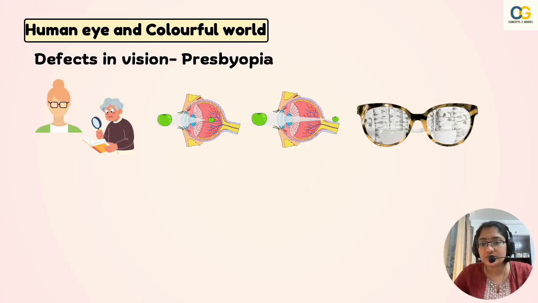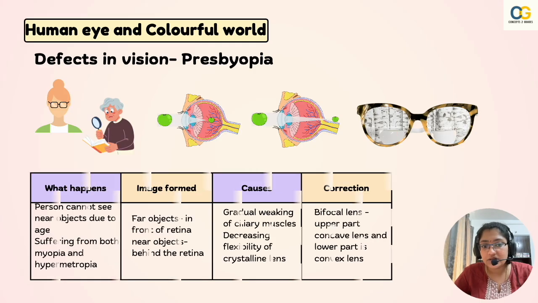So it is corrected using a bifocal lens. The lens on the top is a concave lens to see far away objects, and here you have a convex lens to see nearby objects. This is how you correct presbyopia, and it is usually caused due to weakening of ciliary muscles and a decrease in flexibility of the crystalline lens over the years due to age.